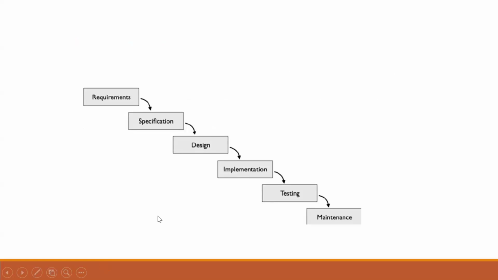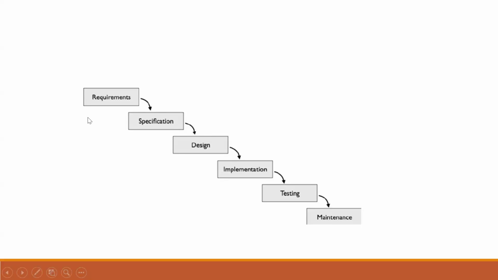So we'll see how the traditional waterfall model is going to work. As I say, waterfall comes from one step to the next: when you pour water on one step, it goes into the next step, and after completing that step, it goes to another step. So this whole process is going to happen.